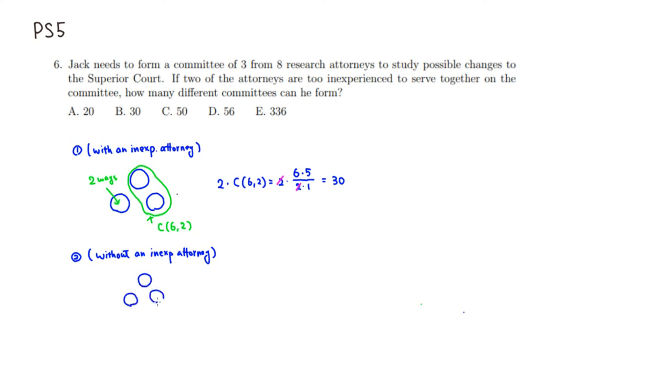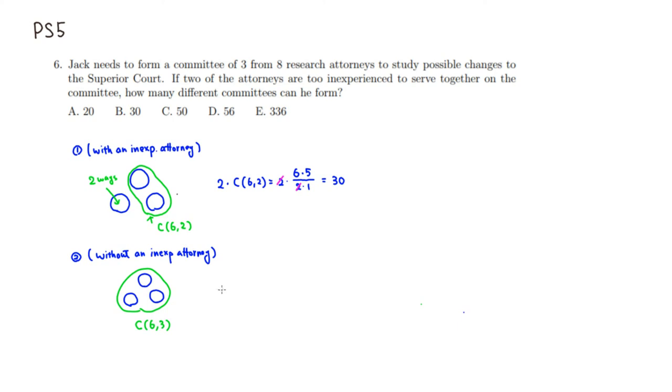All 3 come from the experienced ones. So you have to choose all 3 from 6 research attorneys. So there's going to be a combination, 6 choose 3 ways.